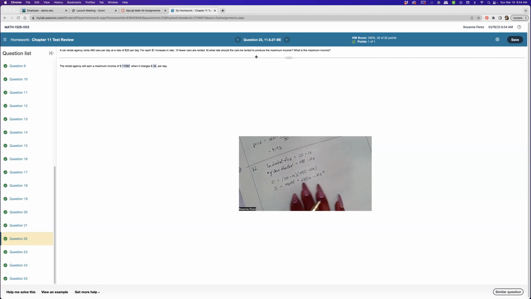Okay, so now I'm trying to maximize my income. So now I'm going to take the first derivative. So I prime is going to give me 280 minus 20x. So I'm going to set this equal to 0.